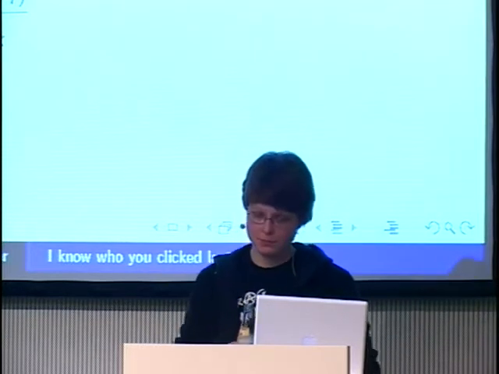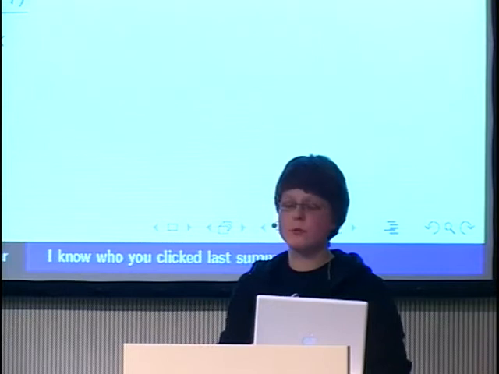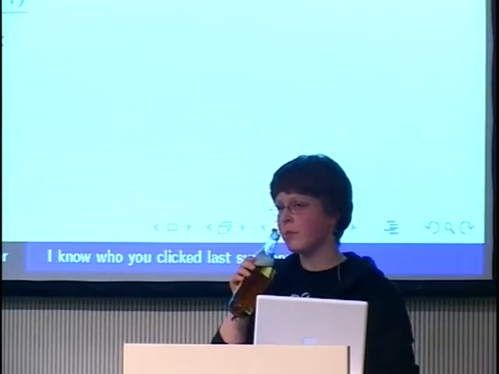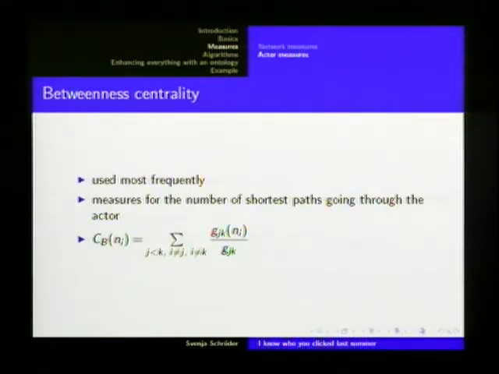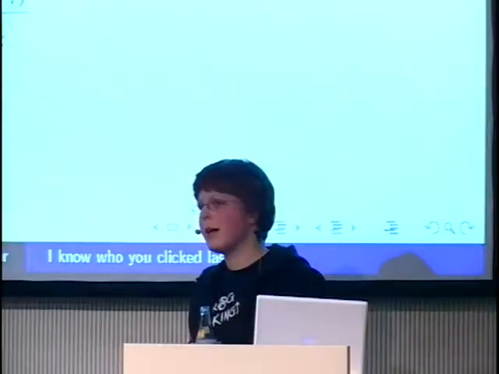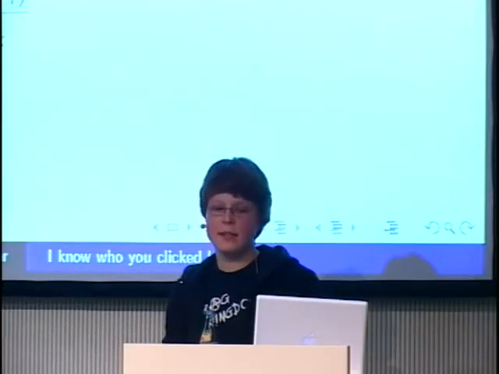Betweenness centrality is used most frequently. This one measures the number of shortest paths going through the actor. That means a person with a big betweenness centrality sits on very many distances between other actors. I'm always thinking of the spider web metaphor, but that's not really right.